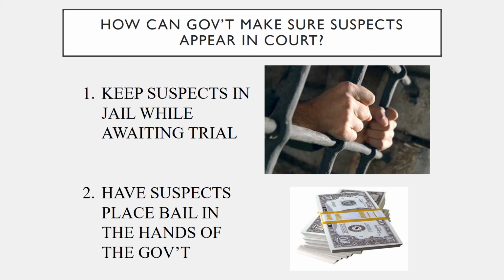You show back up for your court date and you recover that bail money. If you don't show up for your court date, you forfeit the bail money. You're out bail money, and not only that, now you're a fugitive and you're wanted by the law, and people will be after you. So these are ways that the government has come up with to try to make sure that people show up for their court date when they're accused of a crime.